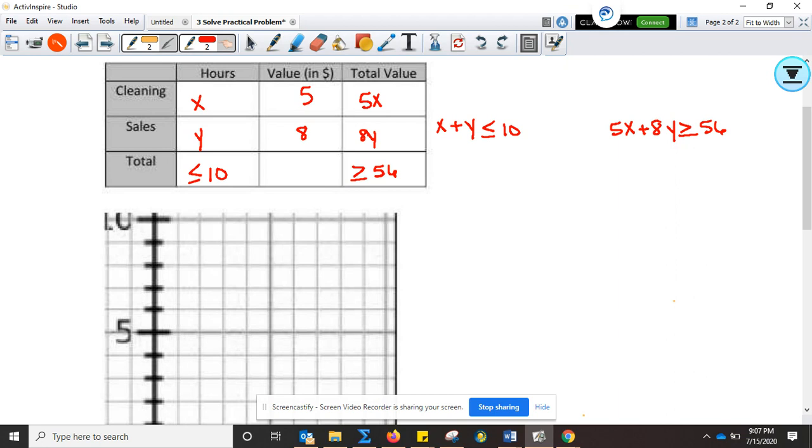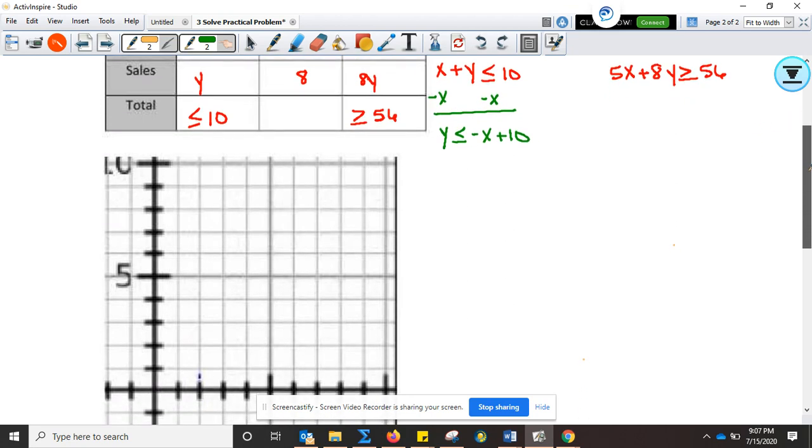So I'm going to solve both of those for Y, and I'm going to plot them on the graph. So for this first equation, I'm going to subtract X. Y is less than or equal to negative X plus 10.